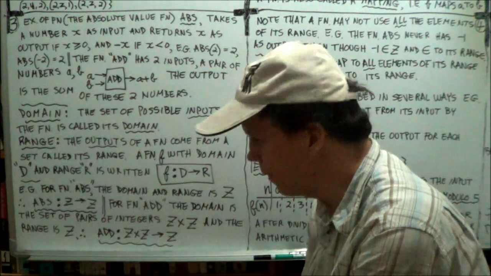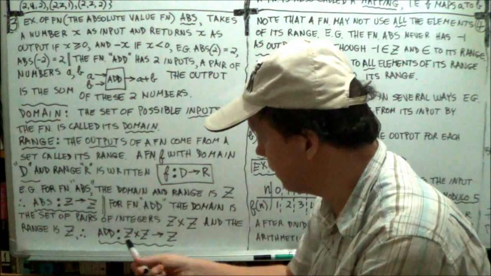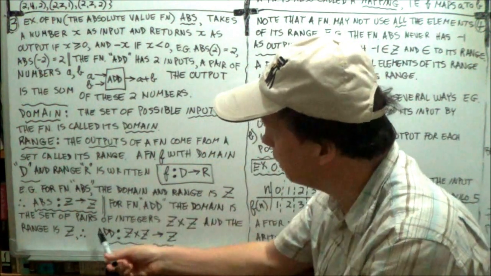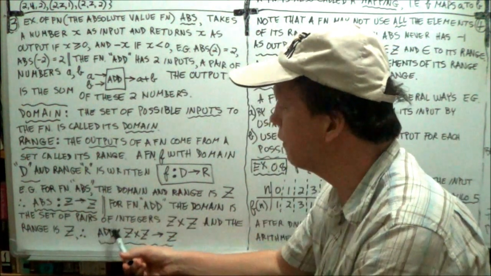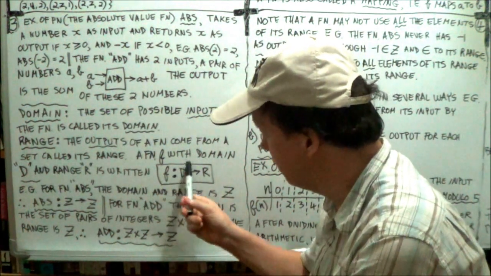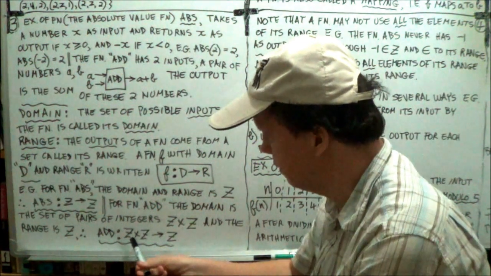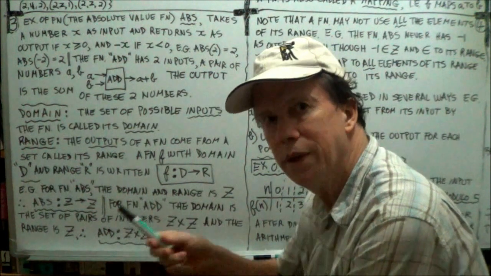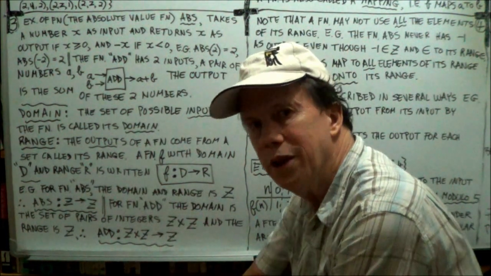Okay. So your f, d, r takes this form. Your f will be like ADD. That's the symbol for this function, the add function. Your domain will be the Cartesian product, Z cross Z, right? Because your two inputs, A and little b, are assumed to be integers.